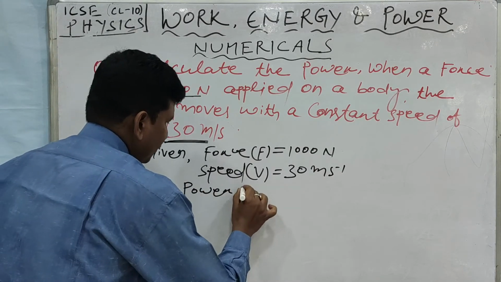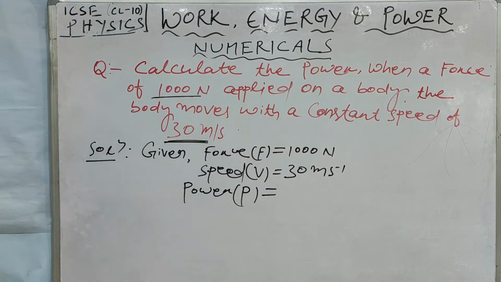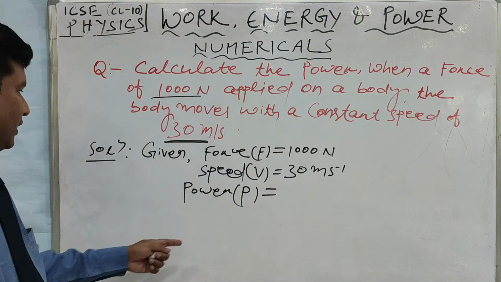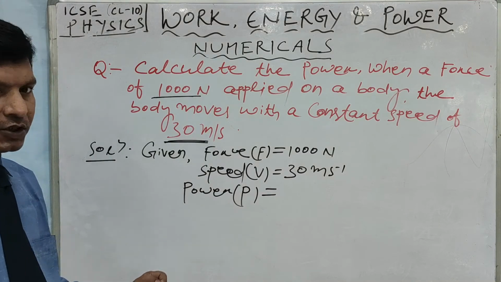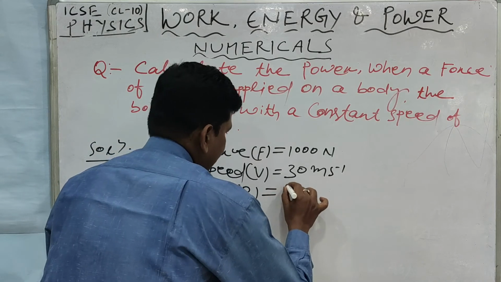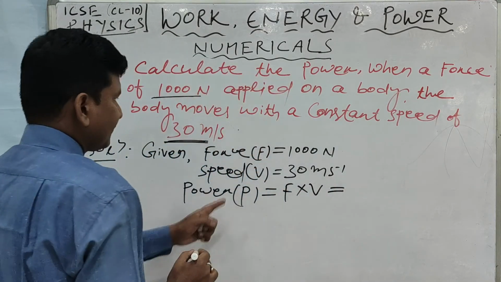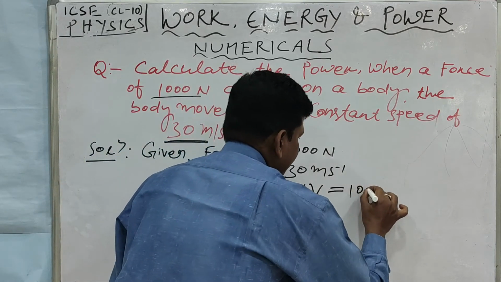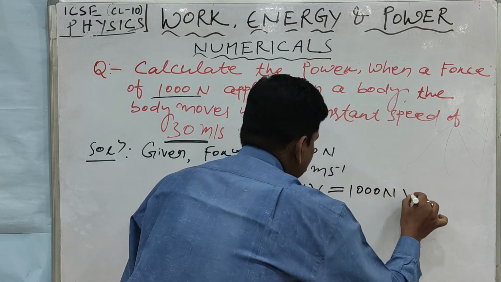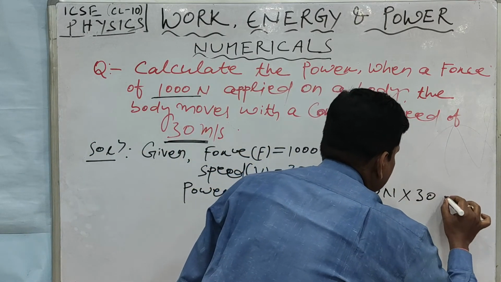So power of the force P is equal to, what do you know the expression of the power? I have told you in the last video, P is equal to F into V. So here we use this formula, P is equal to F into V. Now what is the value of F? 1000 Newton. So please put the value, the value of V is given, 30 meter per second.